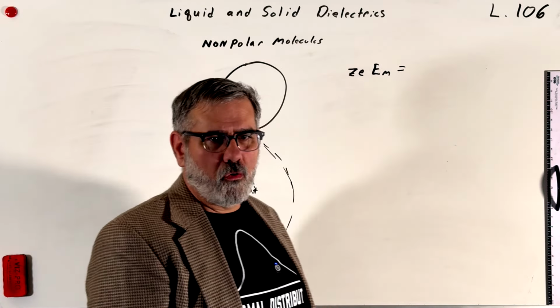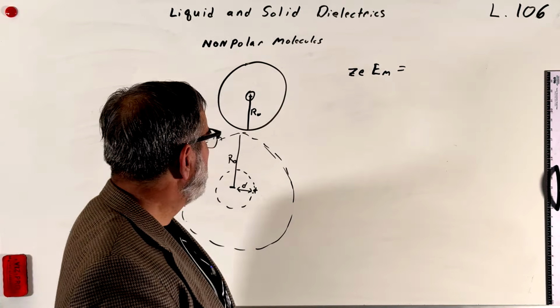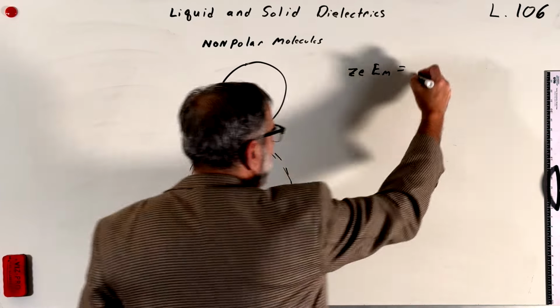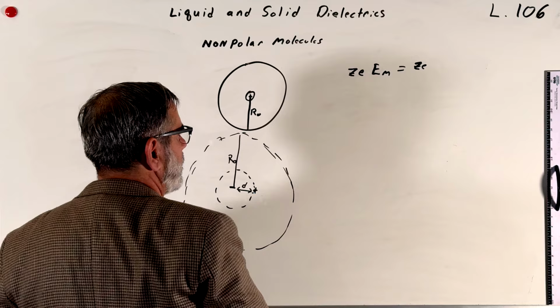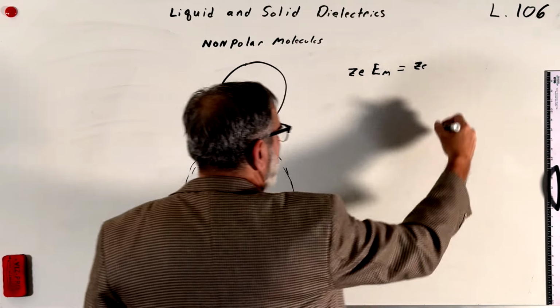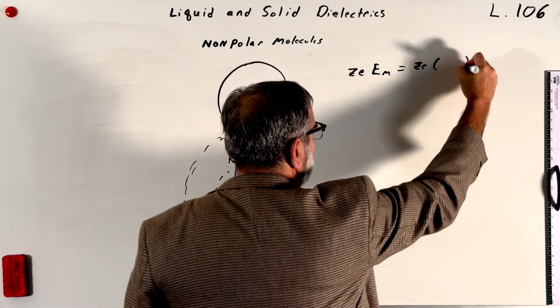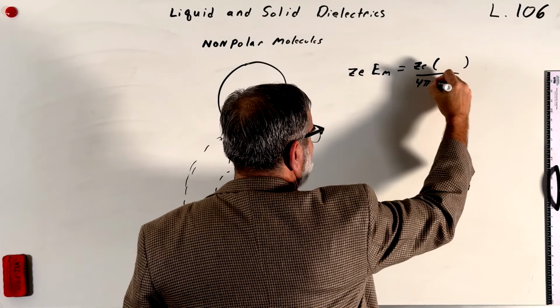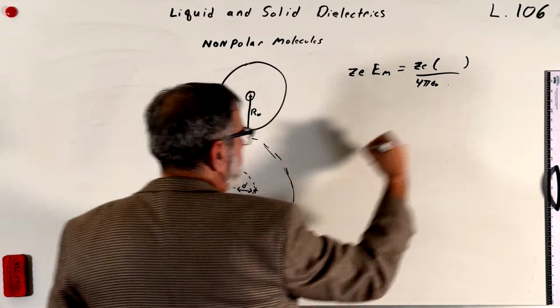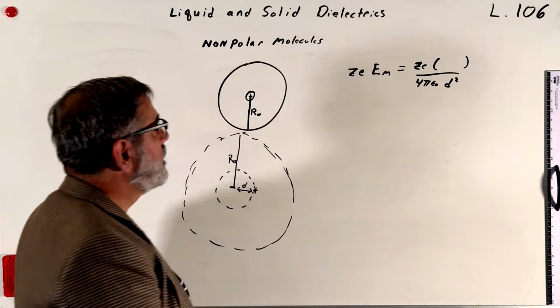We'll use, of course, Coulomb's law for that, but I need to write something for the charge. So we know we're going to have ZE, that's the charge of the nucleus, but we also need something for the charge of the electron cloud, which we'll put here, and we'll then divide that by 4 pi epsilon naught times this distance d squared, because that's the separation, right?